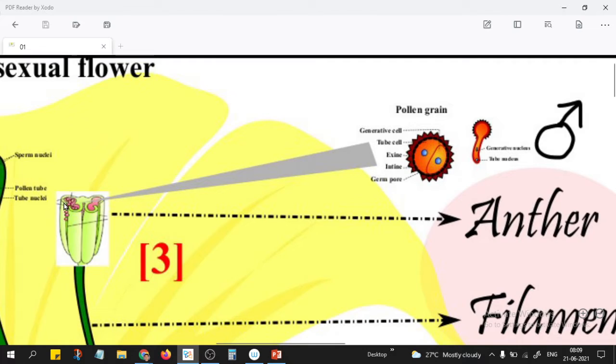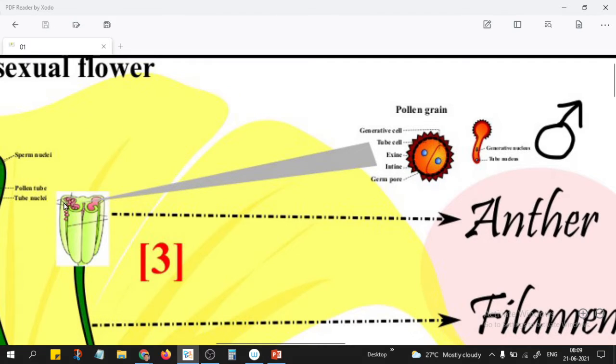Okay, next comes the innermost whorl of the flower. Okay, the innermost whorl of the flower is the gynoecium. Okay, it is made up of this top structure, which is going to receive the pollen, called the stigma.